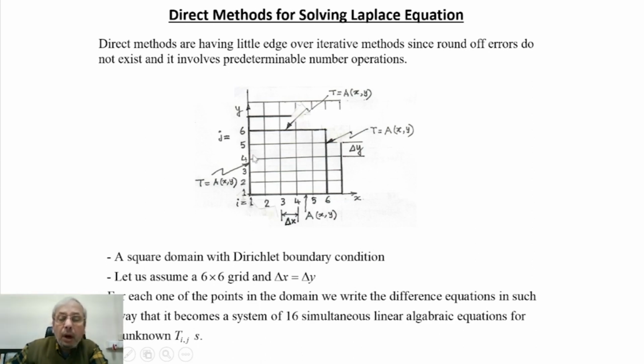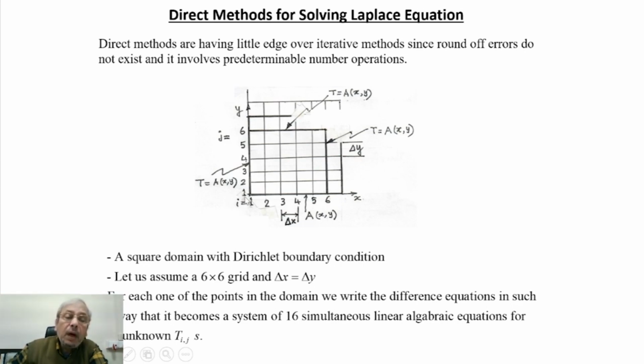So if we can write the finite difference equation for each point in the domain, then we will be able to assemble those finite difference equations in the form of a system of algebraic equations.